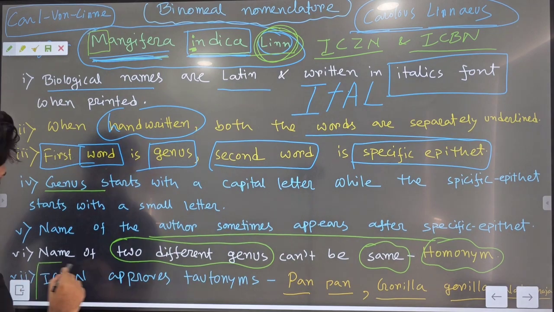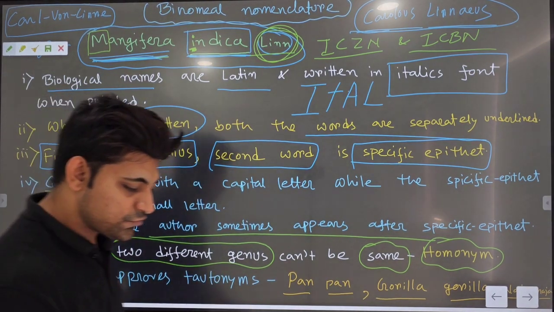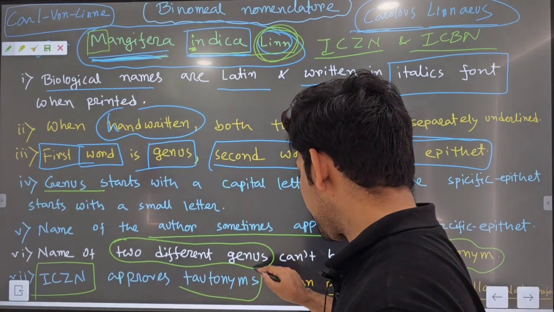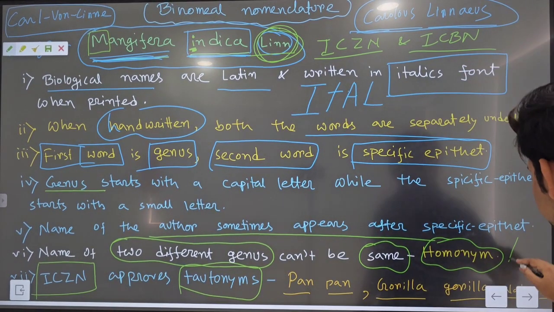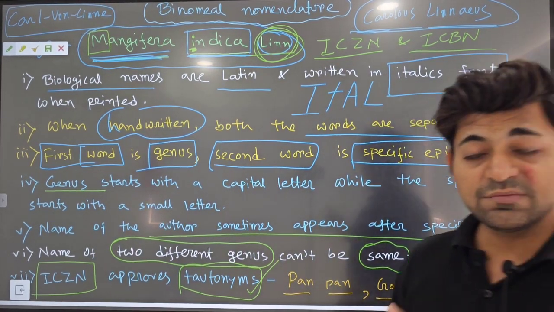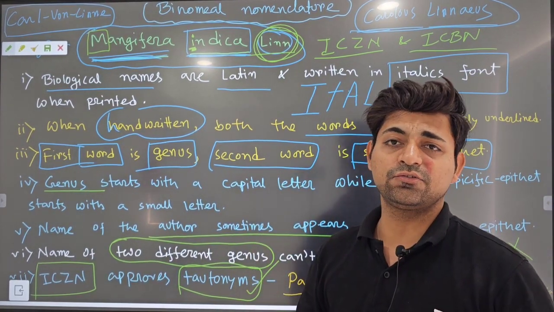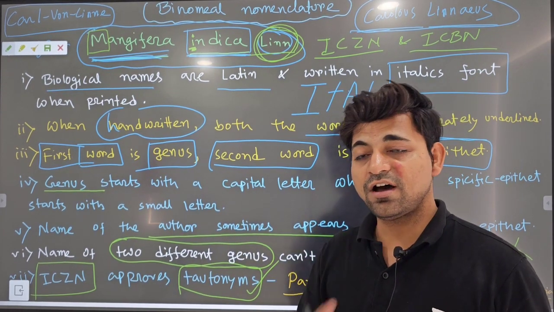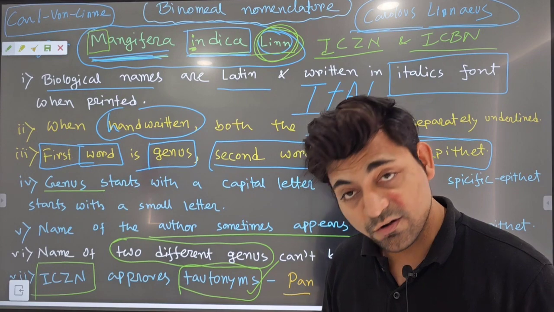But ICZN, in zoology, will entertain tautonyms. However, tautonyms cannot be entertained by ICBN. In botany, tautonyms are also not possible.